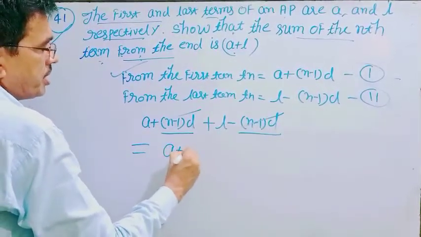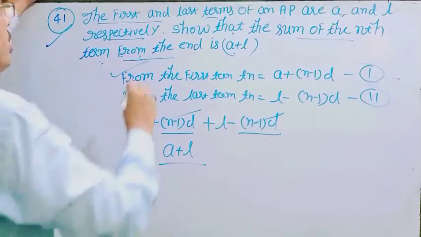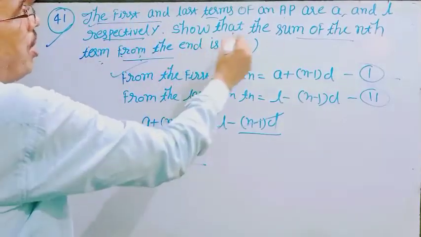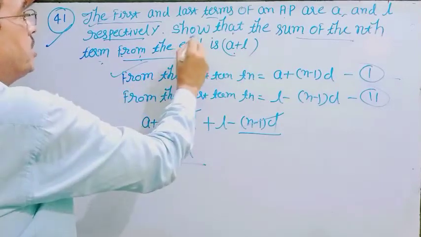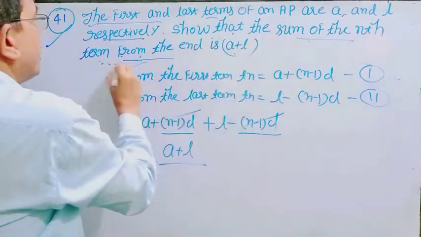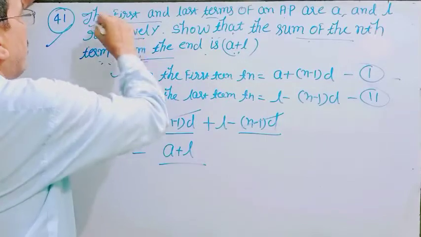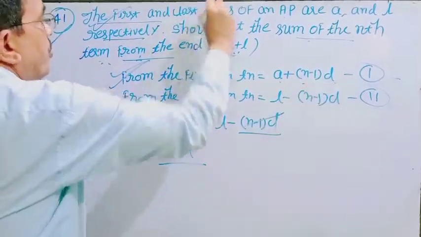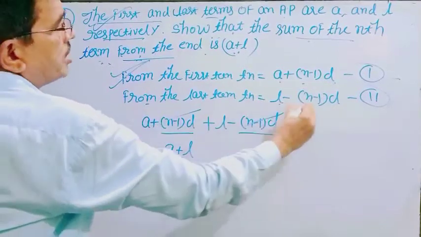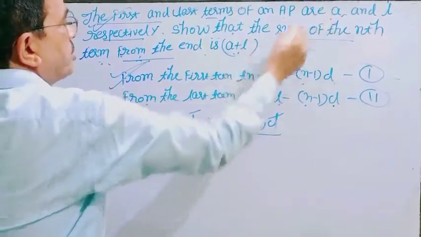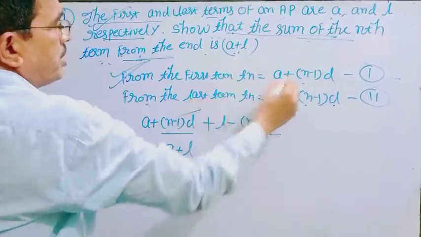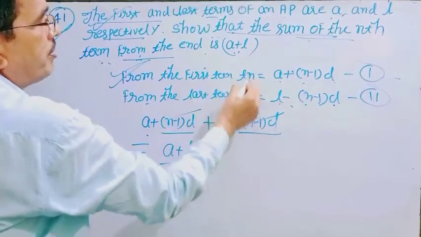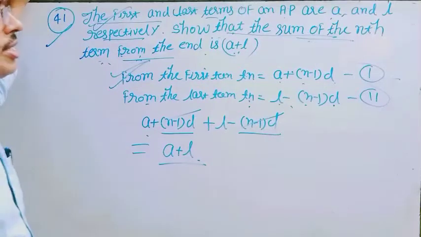Then what you get here is A plus L. So your question is clear: from the first and last terms of an AP, the sum of its nth terms will be A plus L. From the first it is A plus (n minus 1) D, and from the last it is L minus (n minus 1) D, and their sum is A plus L, and both are Tn, that means both are the nth term.